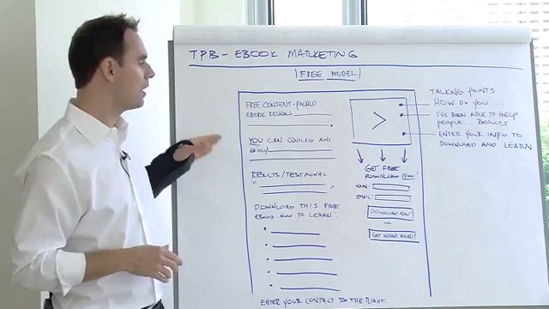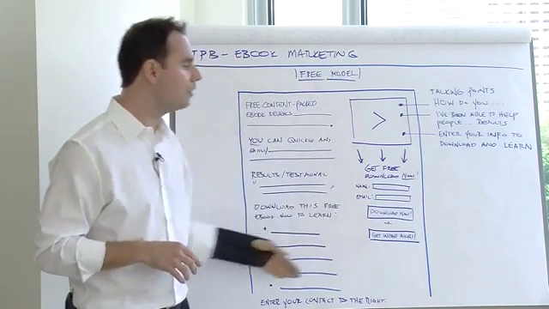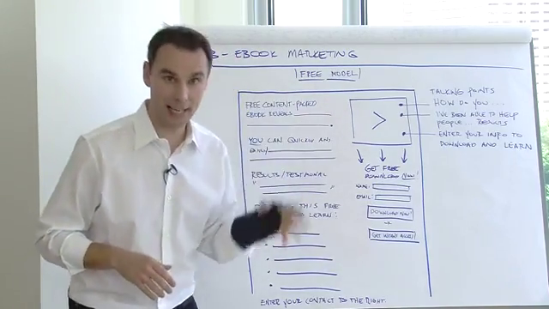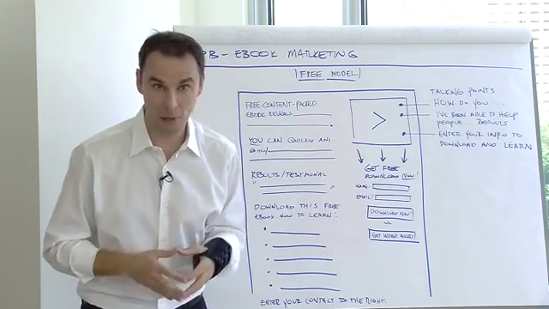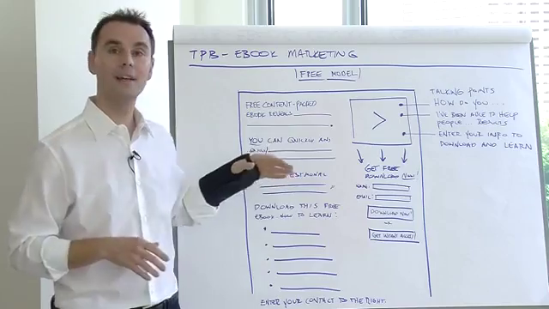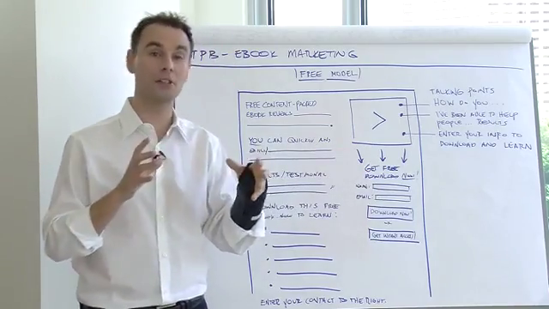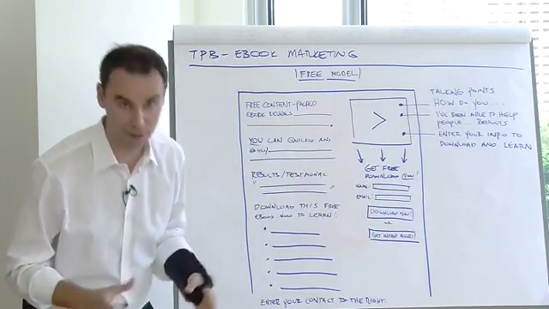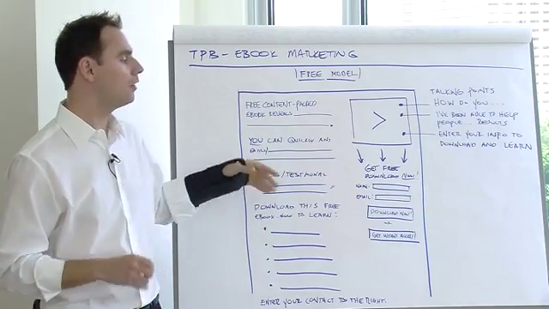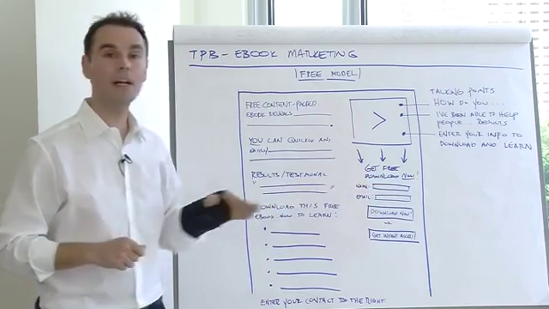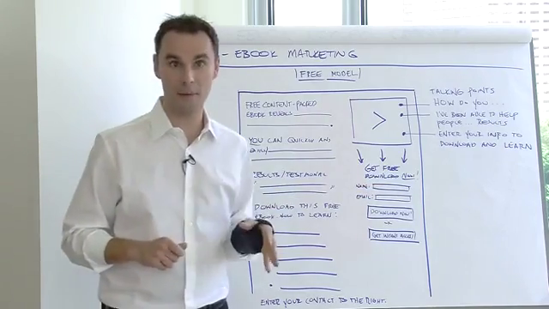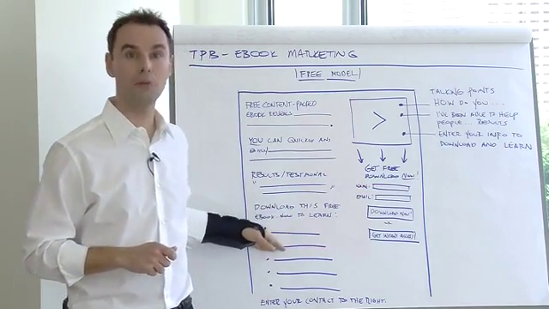A couple of things. This is what I believe is the most effective layout for getting someone to give you their name and email for a free ebook. You'll notice as we go through the course, the layout is sometimes the same for other products, sometimes completely different. This is the one that, in terms of my internal testing, my study of the industry, and my conversations with some of the best guys on the planet about this, I would recommend.